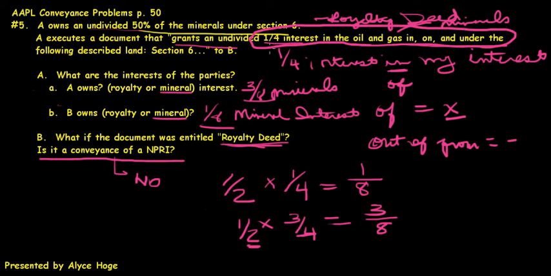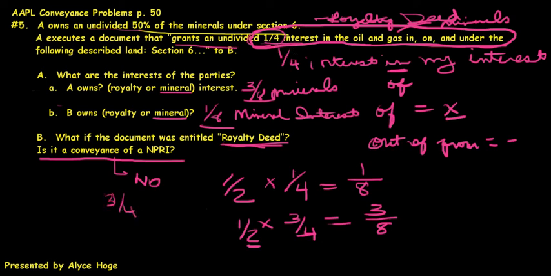So be careful, this is a very important trap for the unwary. If it says 1/4 interest in the oil and gas in, on, and under, that means one party's getting 1/4 interest and the other party has the other 3/4 interest.